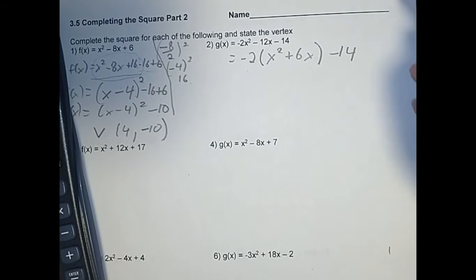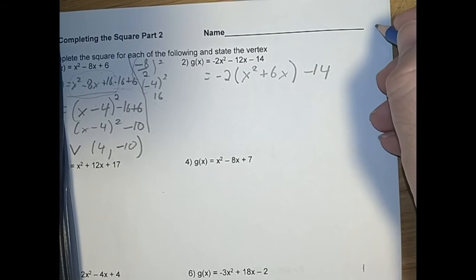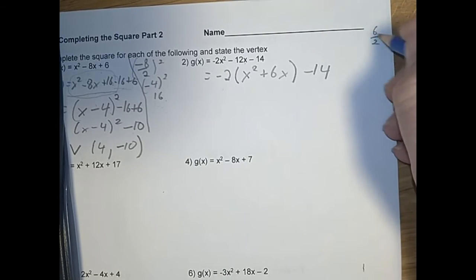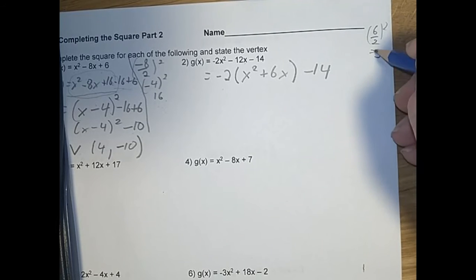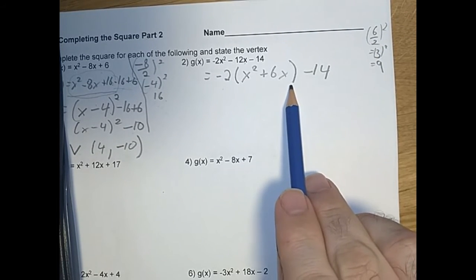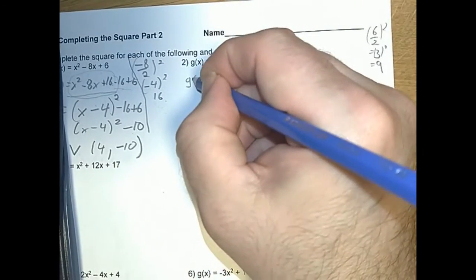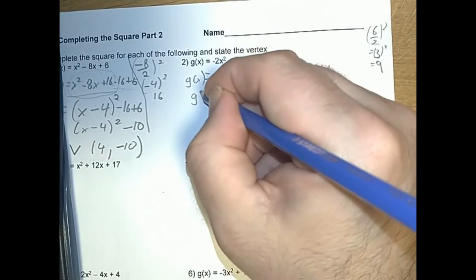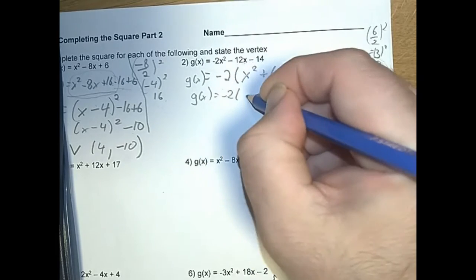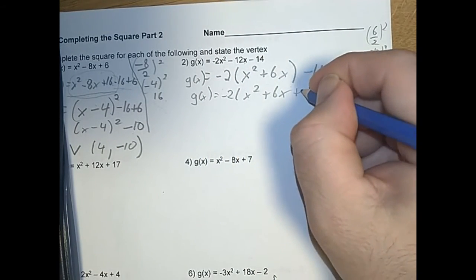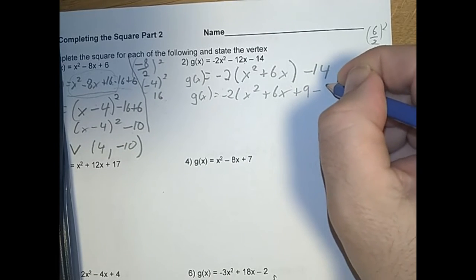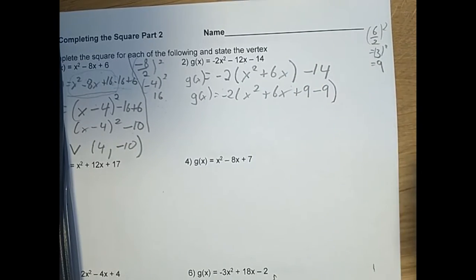Now you take the 6 somewhere up here in the corner. You divide it by 2 and you get 3. And then you square this, so 9. In the bracket, you're going to add and subtract 9. So g of x equals -2 times (x squared plus 6x), and you're going to add 9, and subtract 9 right there.